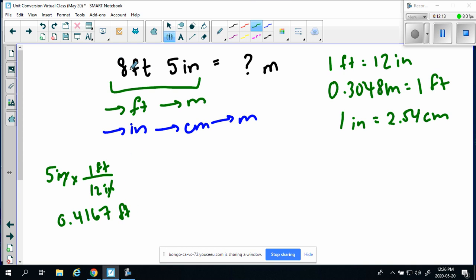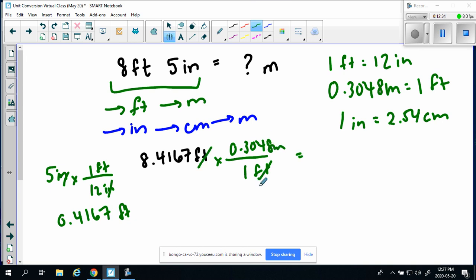So actually, instead of writing 8 feet 5 inches, I could write 8.4167 feet. And then we could take that and multiply it by our conversion factors to get into meters. So 1 foot is 0.3048 meters. So 8.4167 times 0.3048. So I'm getting 2.57 meters in the green case.